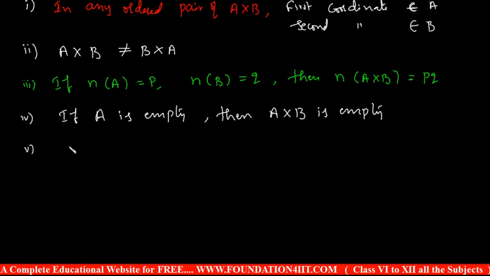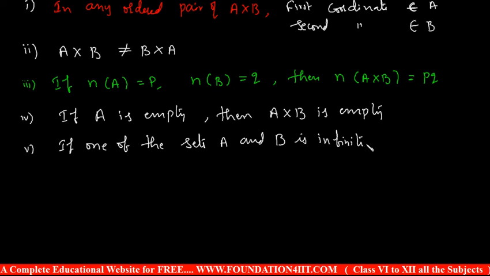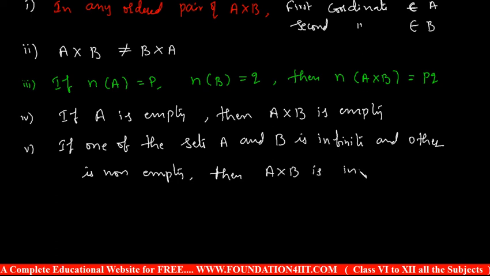And if one of the sets A and B is infinite, that means not finite, having an infinite number of elements, and the other is non-empty, then A cross B is also infinite. Let us see here.